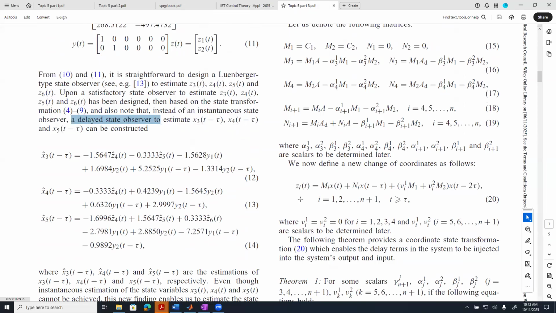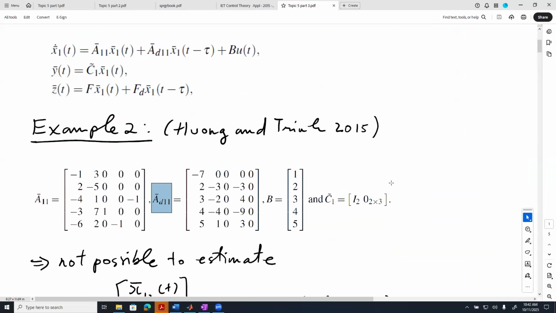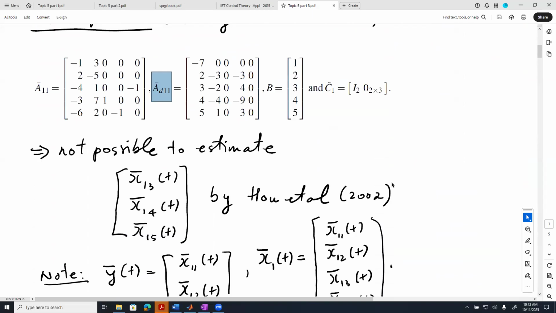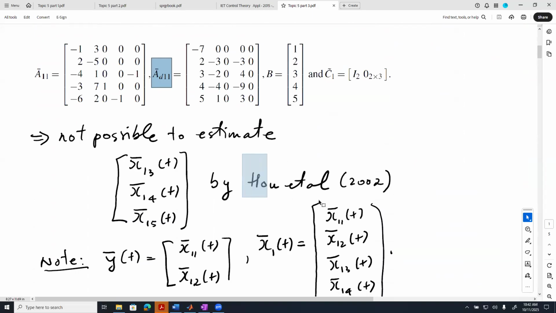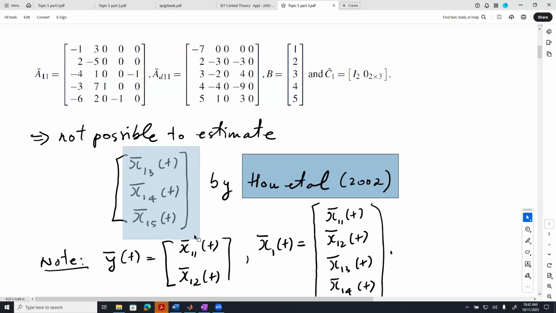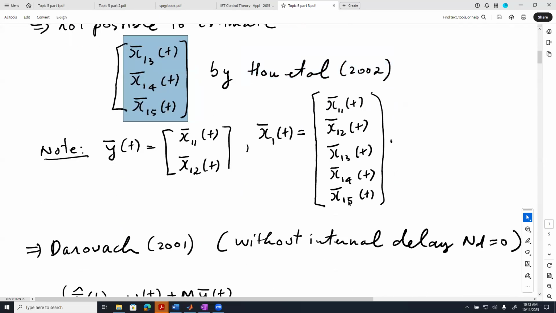Now, so let's go into our analysis. According to the method by this reference, it's not possible to estimate them instantaneously.